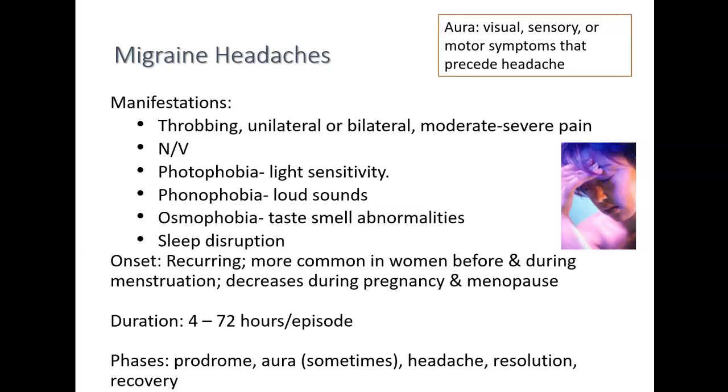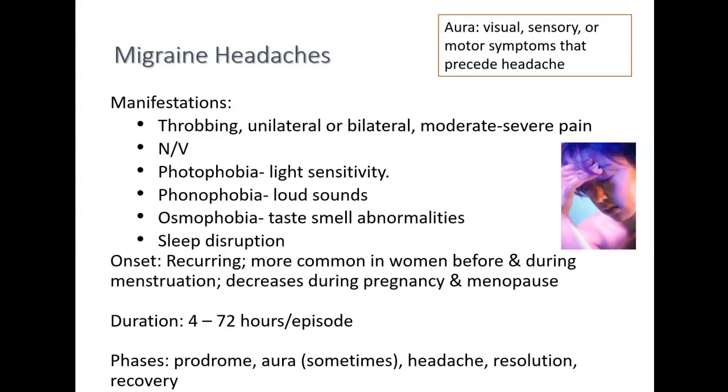So duration for migraines can be 4 to 72 hours per episode. And like I said, there's usually a prodrome, some kind of activity that occurs before you even get the headache.